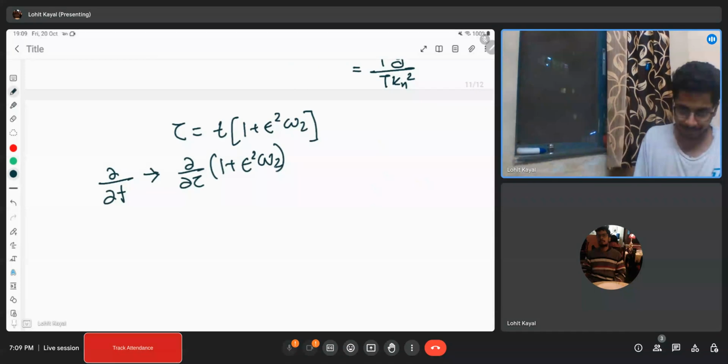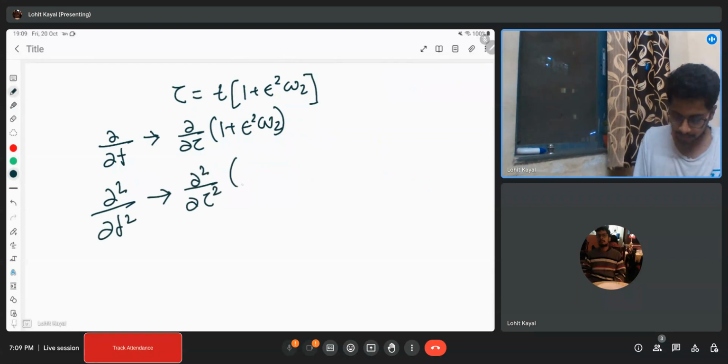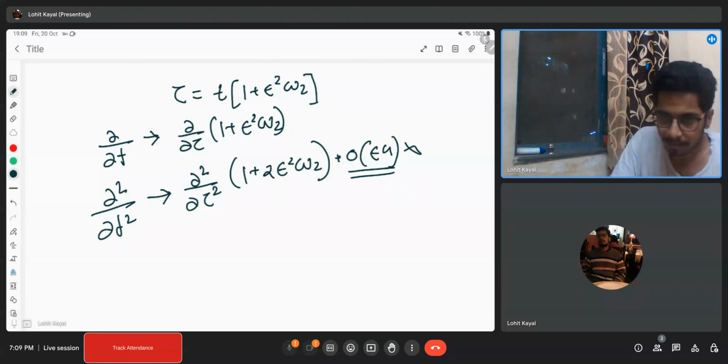We have already done this in the past, so I will not do the entire step. And del t squared will be del squared del tau squared times 1 plus 2 epsilon squared omega 2, plus order epsilon to the power 4. We will not include that in our calculation.